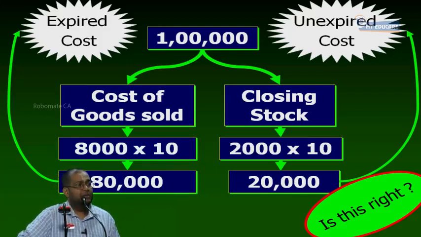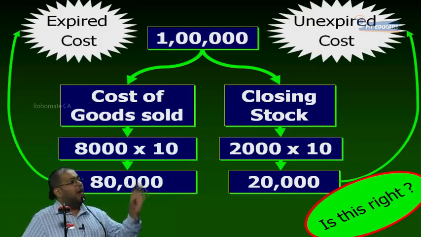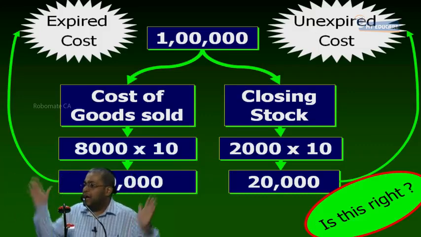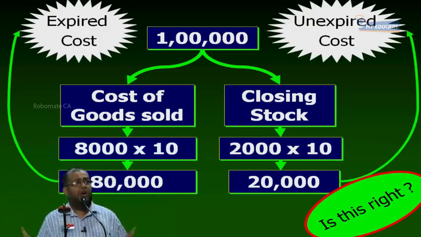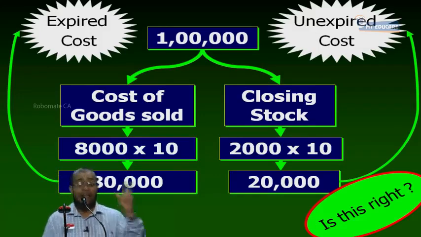Factory rent? Trading account. Office rent, P&L account. Depreciation on factory machinery, trading account. Depreciation on office computer, P&L account. That means we all have been doing till now that all manufacturing cost is debited in trading account. All non-manufacturing is debited in P&L account. Administration and selling are debited in P&L, and manufacturing in trading account. Yes or no? Okay, next question.